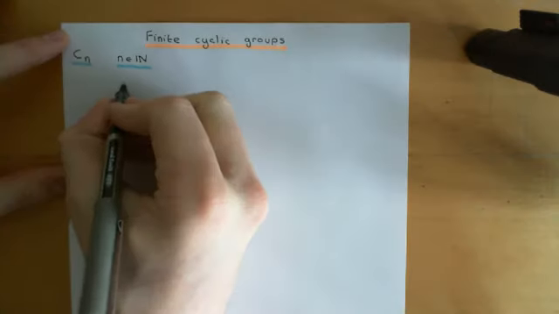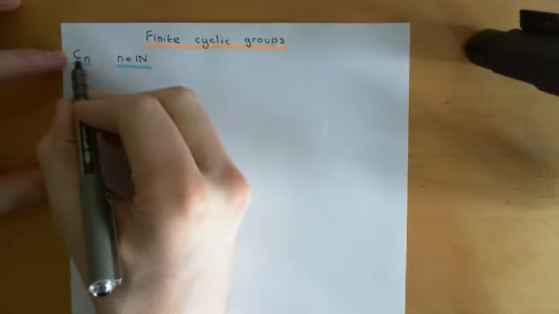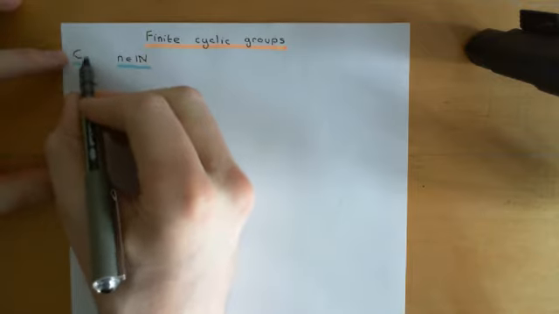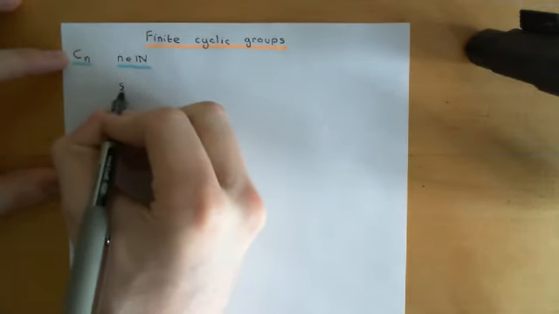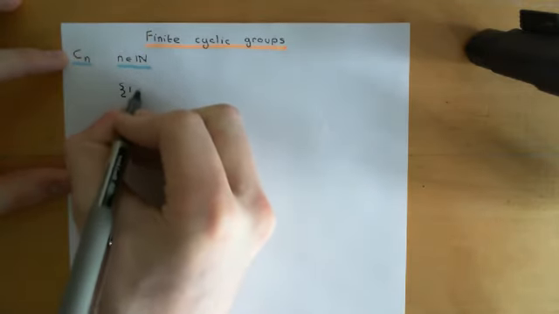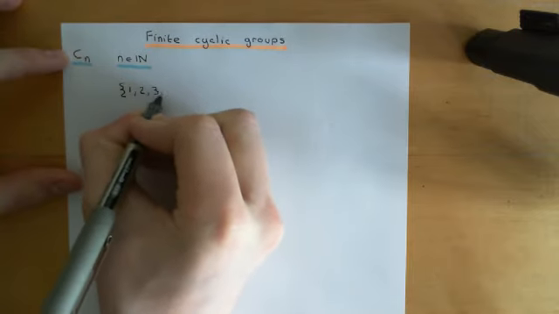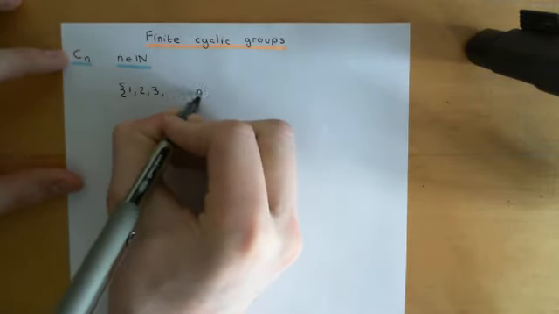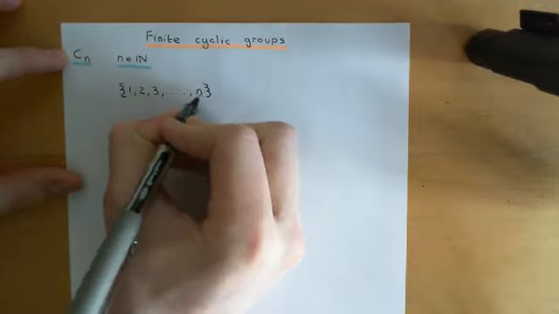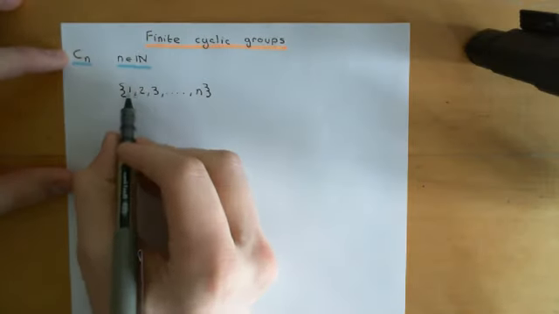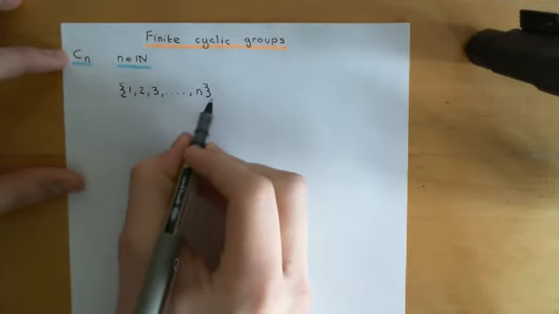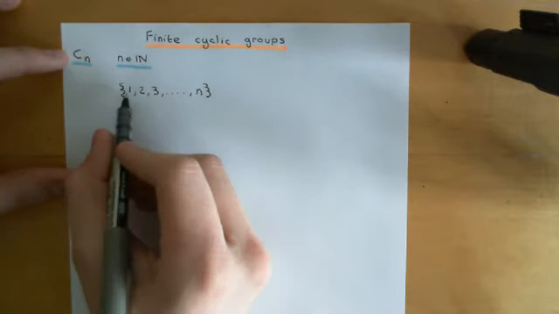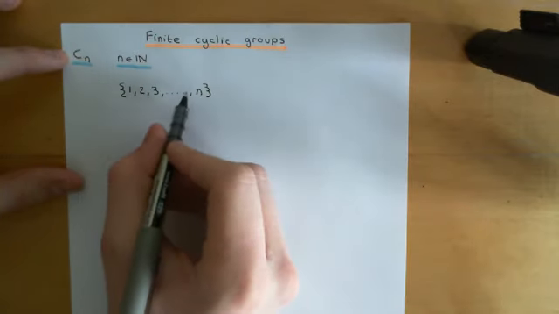And we're going to do a very similar thing for the finite cyclic group. So once again, if we want to think of the cyclic group C little n, what we need to look at is the set containing the elements 1, 2, 3, all the way up to little n. So you could imagine that little n is equal to 7 maybe, okay, and then we'd have 1, 2, 3, 4, 5, 6, 7. Or if little n was just equal to 1, we'd just have the set containing 1.